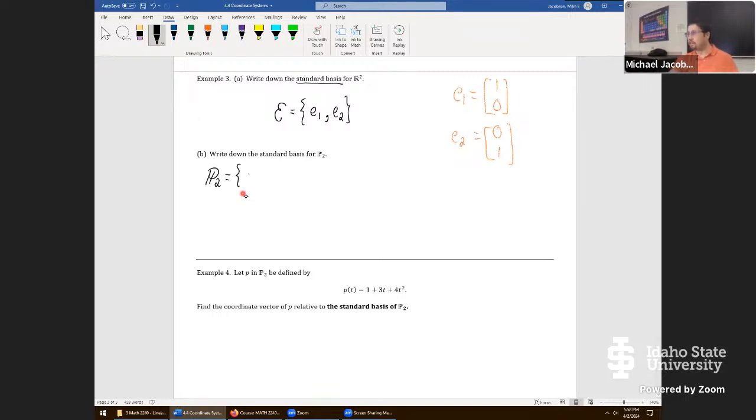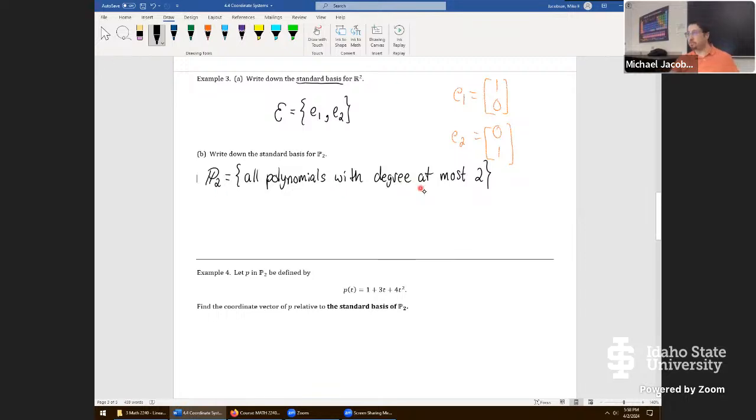It's the set of all polynomials with degree at most 2, according to that subscript right there.